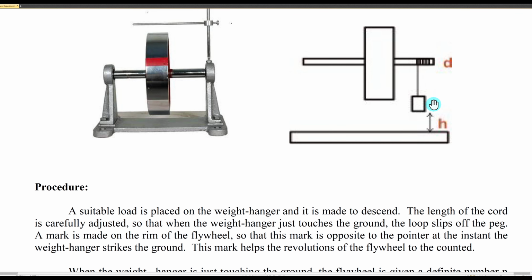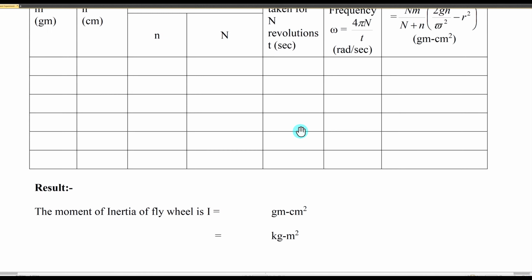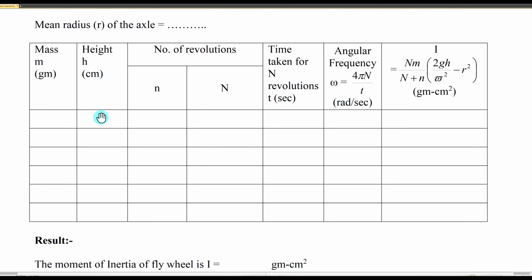Therefore you are varying not only the mass but also the height. For 50 grams, all 5 variations in height; for 100 gram, once again 40 centimeter, 50 centimeter, etc. Then 150 gram once again. So the number of rows will be more and more, and you have to add additional rows.